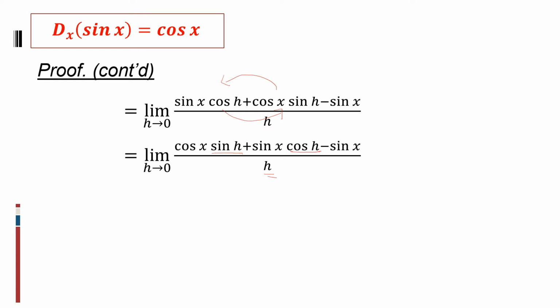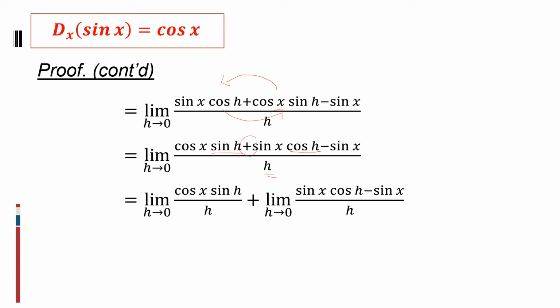Kung ma-remember niyo yung trigonometric na limits natin, di ba meron tayo nung limit nung sin h over h, tapos yung 1 minus cos h over h, yon. So, kaya ko siya ginawang ganito para magamit natin yon. So, since we have a sum here, pwede ko siyang gawing limit of cosine x over sin h over h, okay, pinaghiwalay ko na, plus yung limit nung sin x cos h minus sin x all over h.